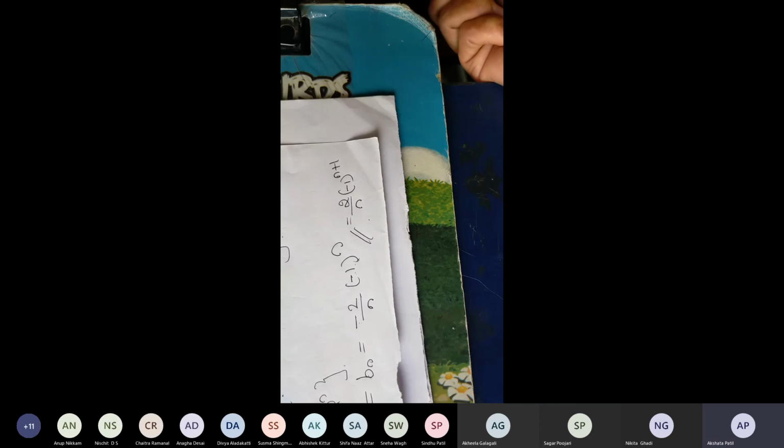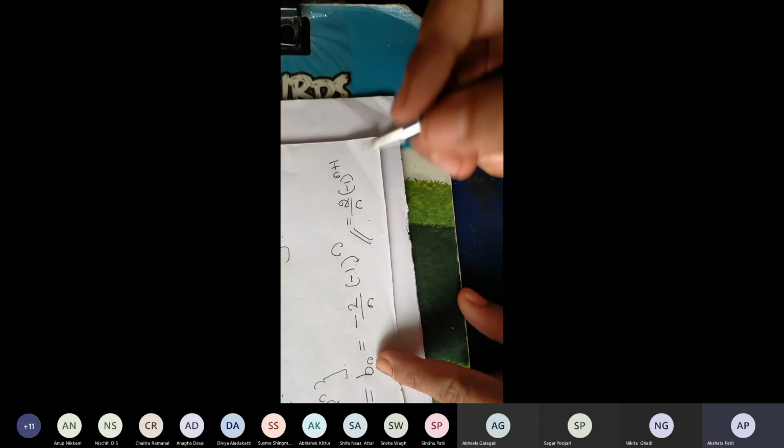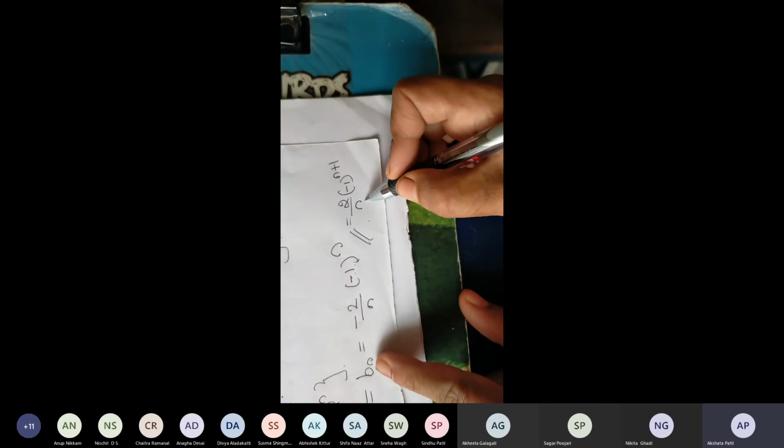Okay, so Bn, how much are you getting? Bn equals 2 by n times minus 1 raised to n plus 1. Now let us substitute this value in the Fourier series expansion. So the Fourier series is f of x equals a0, and the an term is 0 because it is an odd function.